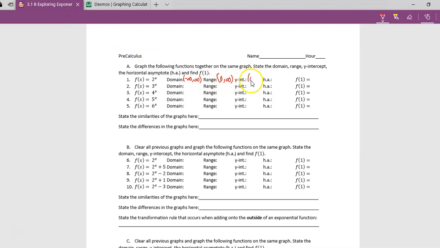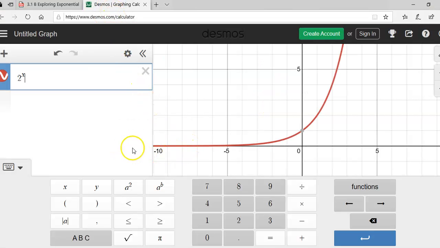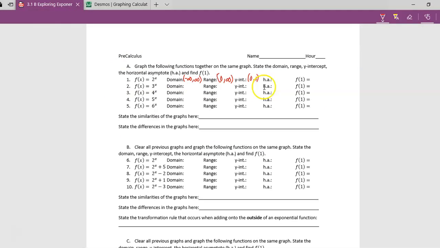So the y-intercept is at (0, 1). The horizontal asymptote, remember an asymptote is where it comes up to but doesn't touch or cross. So this one would be at y equals 0, that horizontal line this is coming up to, but it's never going to touch or cross.